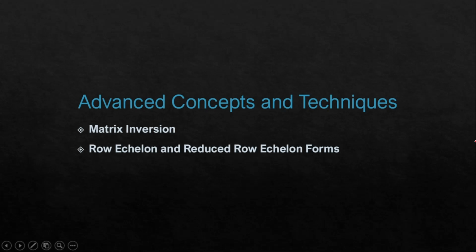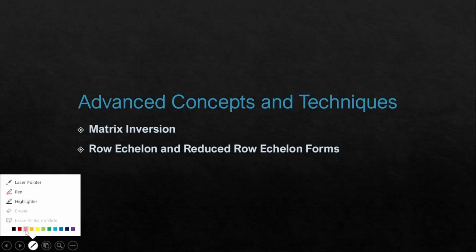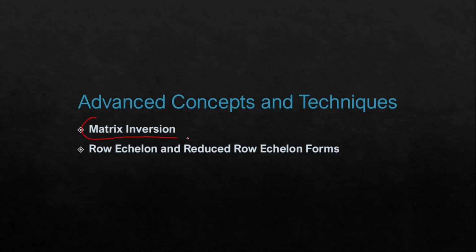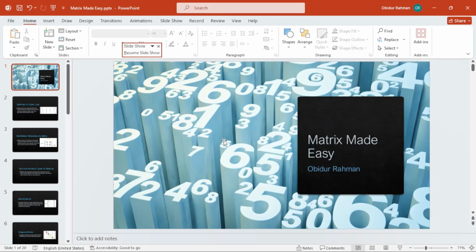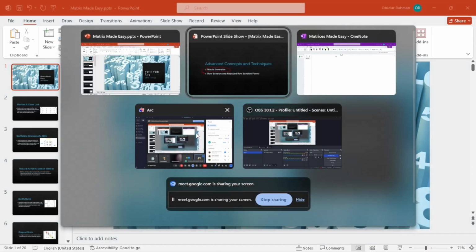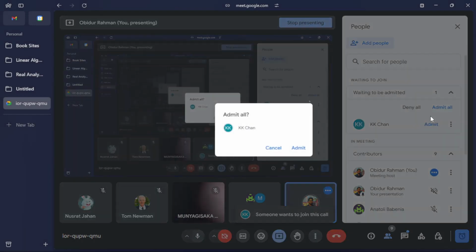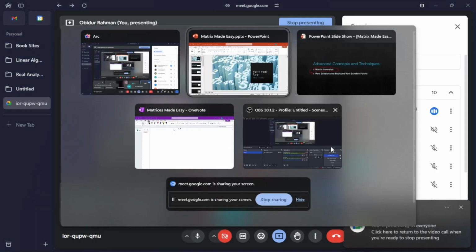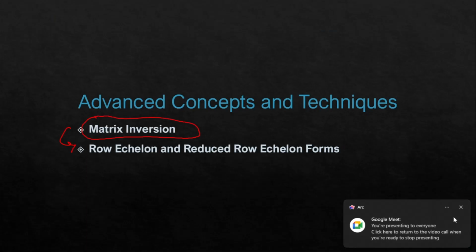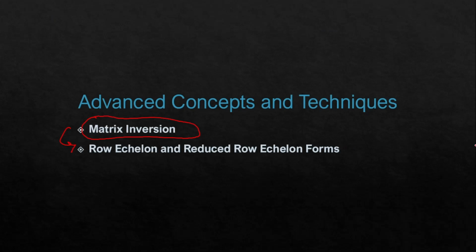Let's do one last concept, that is matrix inversion, and we'll learn about row echelon and reduced row echelon form of matrices in the next session, since it would take way too long for me to cover everything.